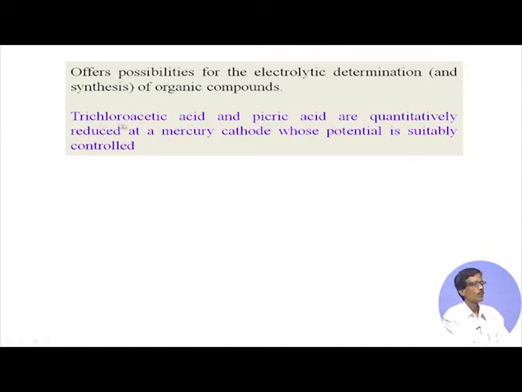At a mercury cathode, because mercury will not react with these two species, and sometimes we use a dropping mercury electrode, the DME. But if you have a pool of mercury, that means some amount of mercury at the bottom of the cell or the beaker, to which a known potential is given for some conversion.